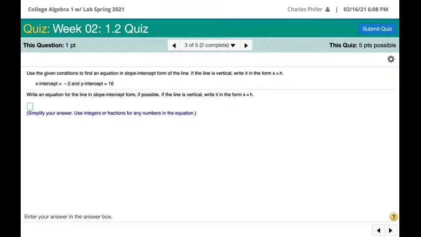It doesn't tell us where in the book it comes from. I'm going to say find the equation of the line. So it says the x-intercept is -2 and the y-intercept is 16.